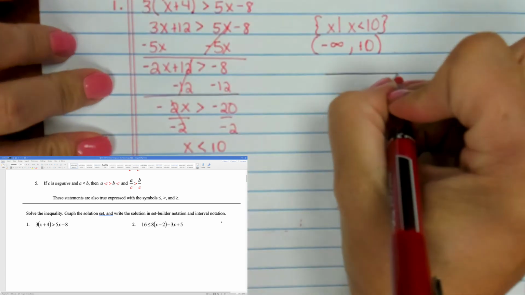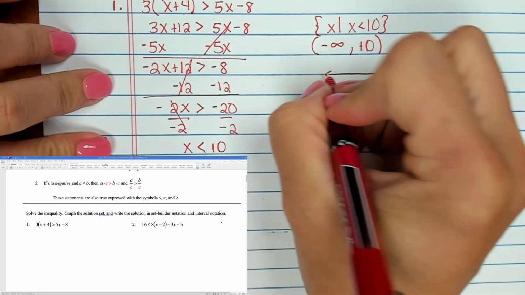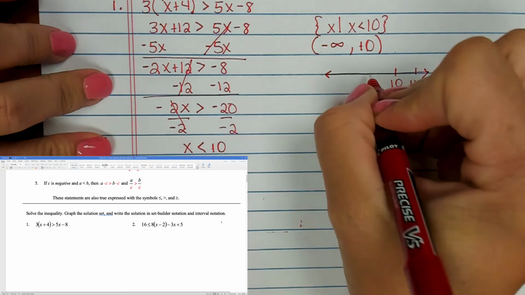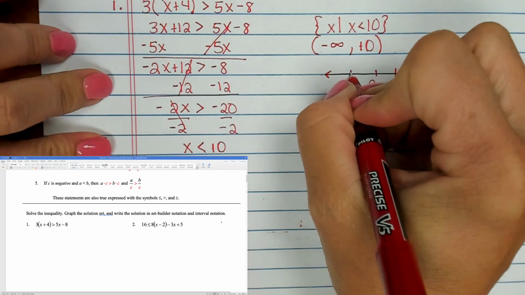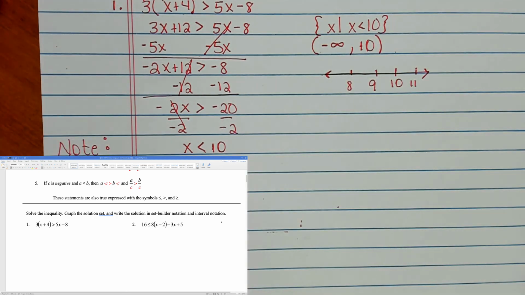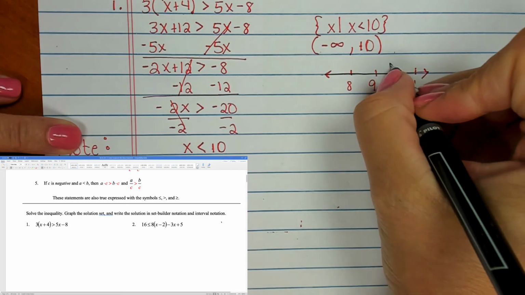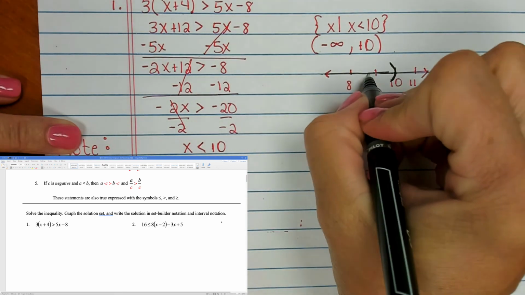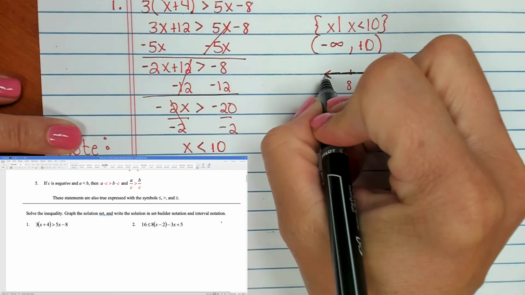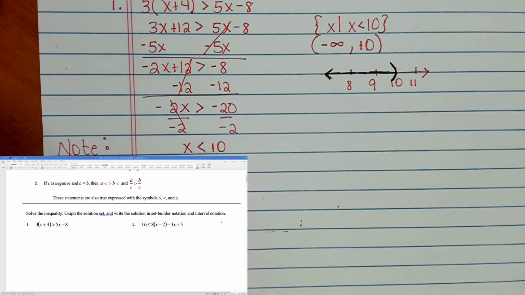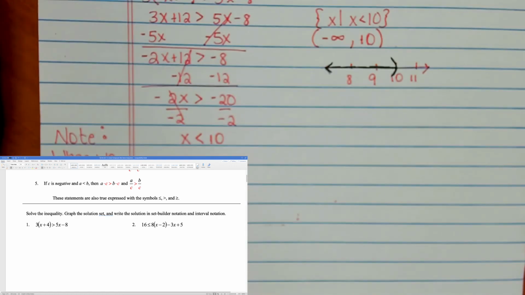And then if I were to graph this, you could put maybe 10, 11, 9, 8. I would graph this with a parenthesis at 10 and show all numbers less than 10 as part of my solution set. So that is your answer for number 1 on your notes.